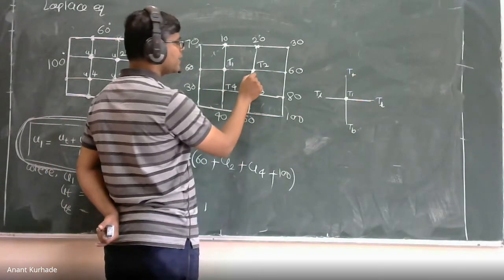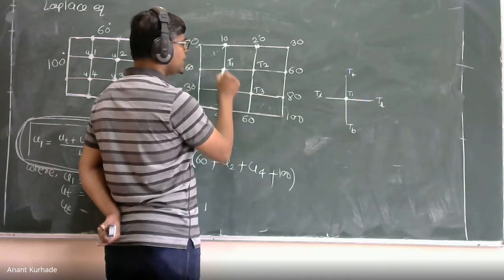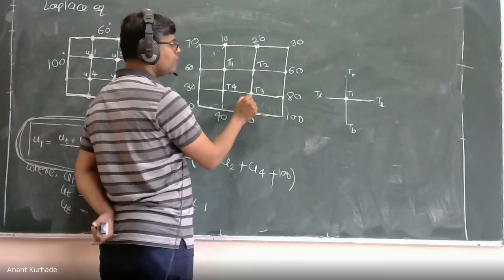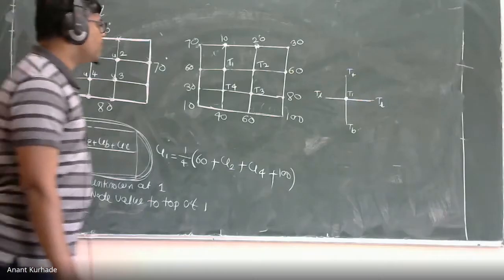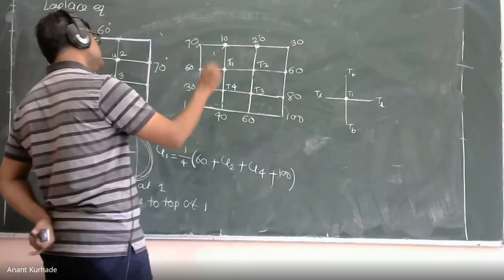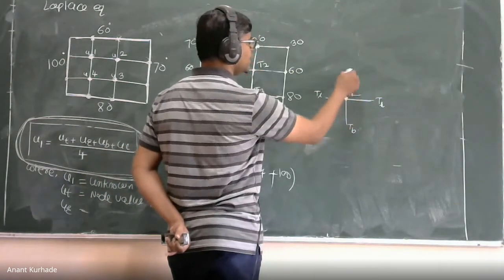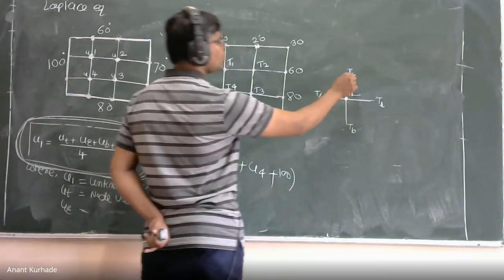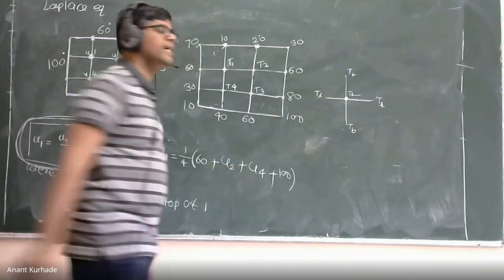T2 is 1 upon 4 into bracket 20 plus 60 plus T3 plus T1. T3 is equal to 1 upon 4 into bracket T2 plus 50 plus 60 plus T4. And for T4, focus on this value: this is the top value, this is the right side value, this is the bottom value, this is the left side value.